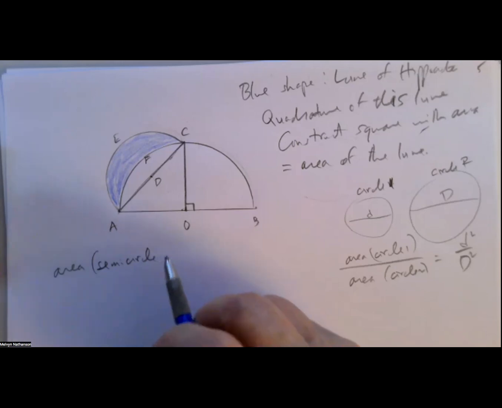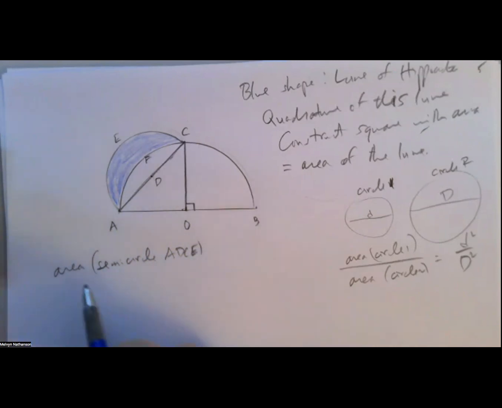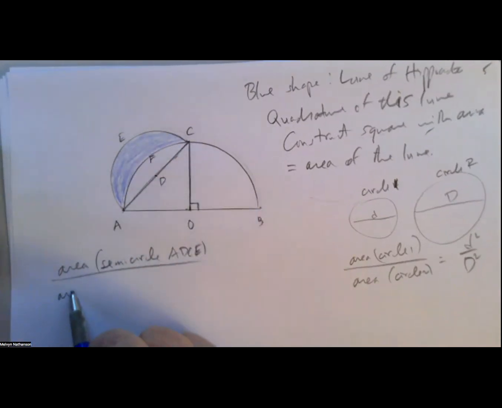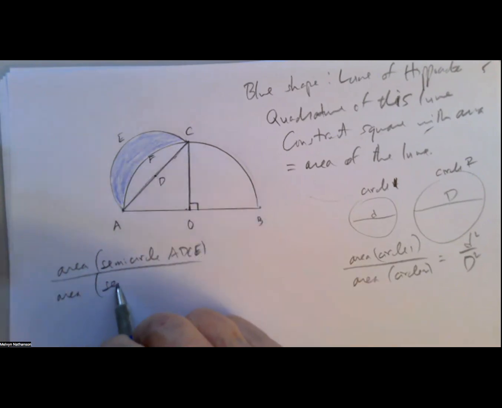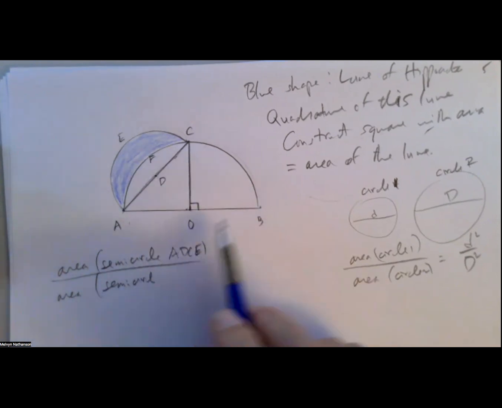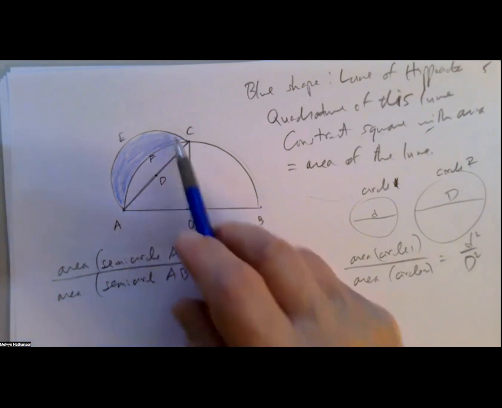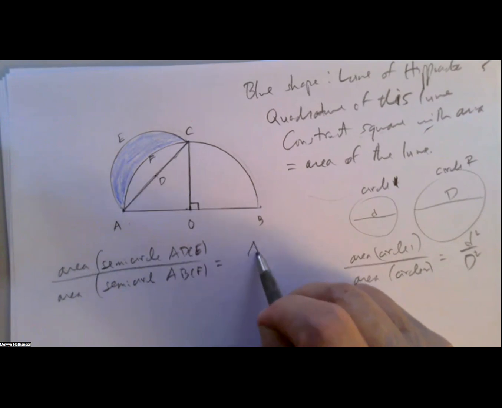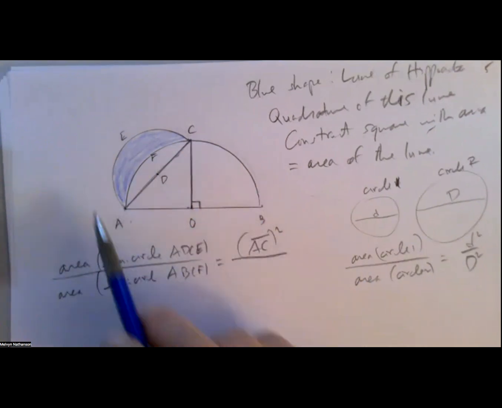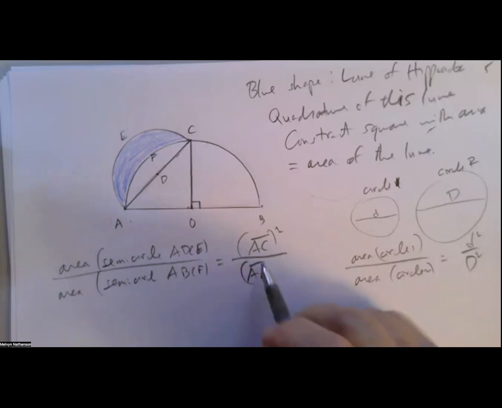The area of the semicircle ADCE, divided by the area of the big semicircle, ABCF, is like the ratio of their diameters squared. ADCE, that diameter is AC. So that's the length of AC squared. The diameter of this circle is AB, the length of AB squared.